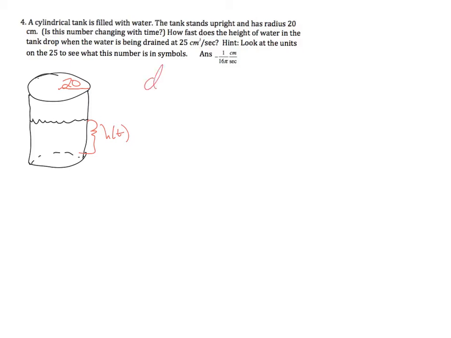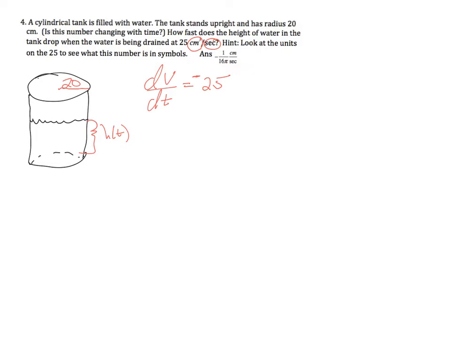So I know then that what they're trying to tell me there is that the volume is changing with respect to the time, dV dt, at the rate of 25. And since the volume is decreasing as the water is being drained out, I'm going to put a negative with that. Okay, so again, I found that dV dt by looking at the units. It's cubic centimeters per second. That's time. So dV dt.